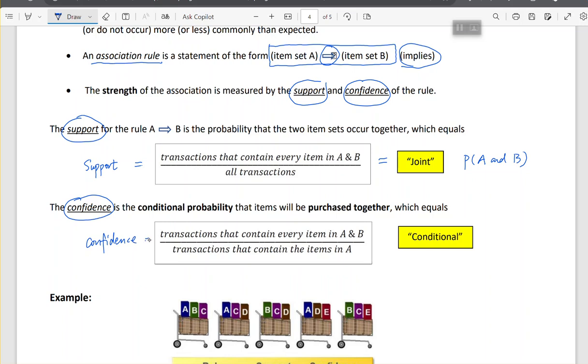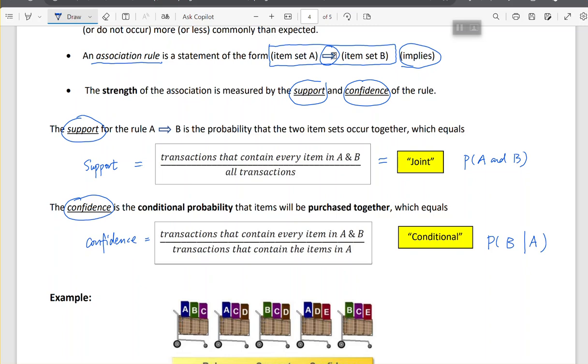That means this customer should first have already bought A, then how much chance, how large a probability, is there that this person will also go and buy B, so that in his basket he has both A and B. If you look at this formula, it is just the probability that, given this customer already got A, this A event already happened, what is the probability of getting a B?